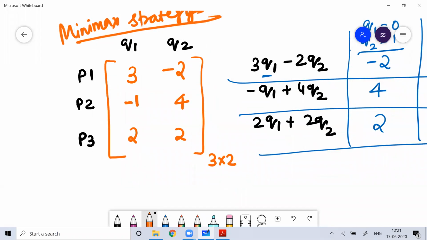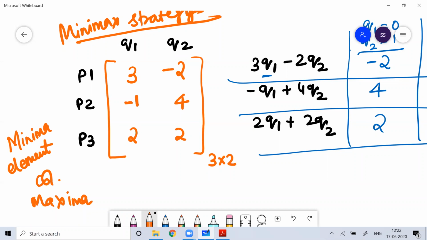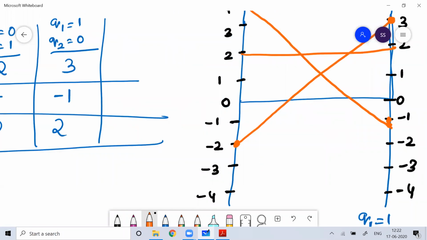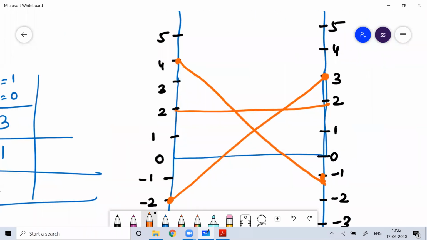Because if you remember, column wise we find the column maxima, and then out of the column maxima you take the minimal element. The same thing you have to do here.